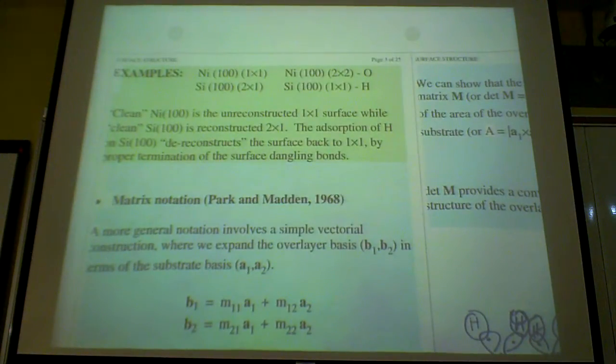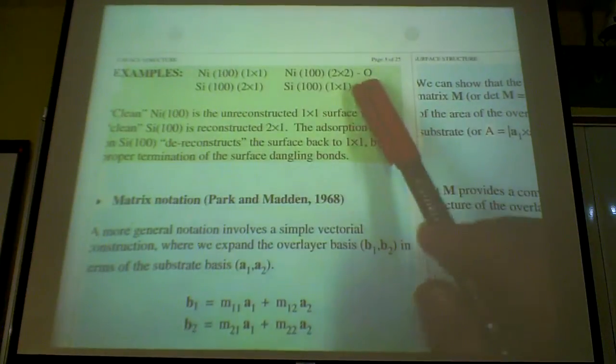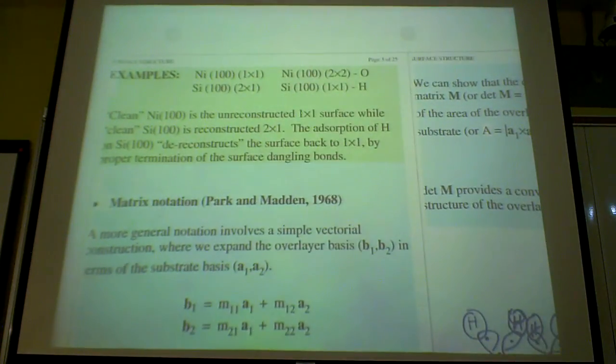Now, interestingly, if you then put hydrogen atoms on top of this silicon 100 2x1 clean surface, you actually get rid of this reconstruction. You revert the surface back into the same type of periodicity that you see on the top skin of the substrate layer.